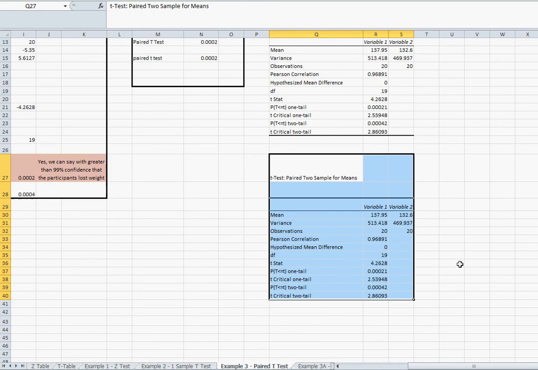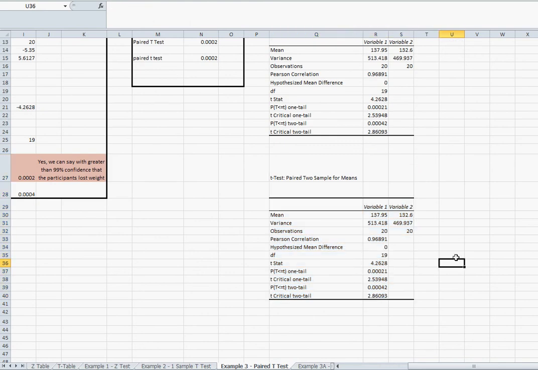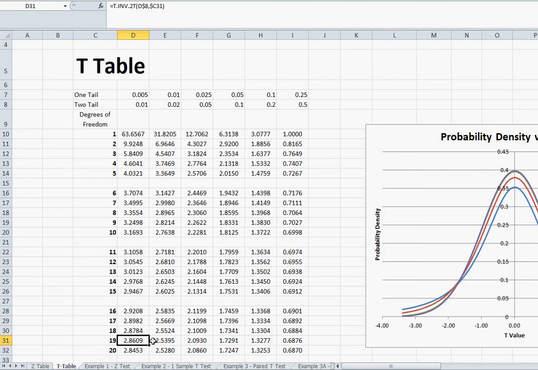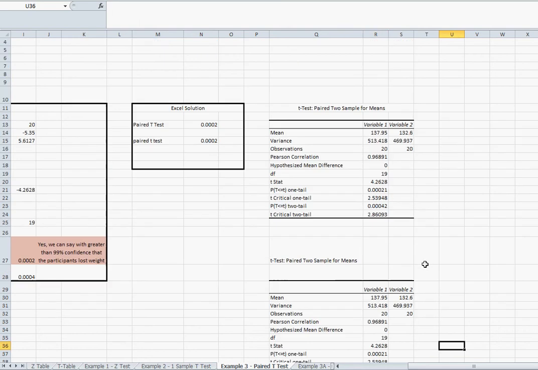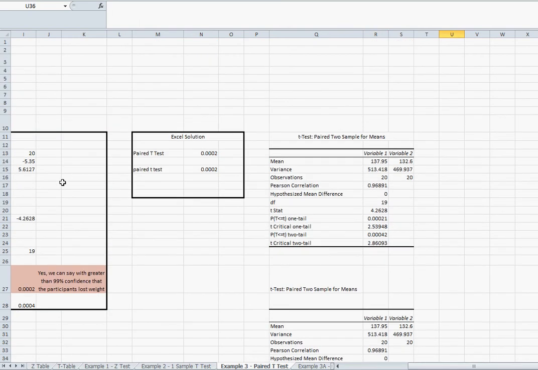I press OK, and it comes out with the mean, my n, number of observations, 20, degrees of freedom, t statistic, and then my p-value of 0.00021. And just like when we looked at this t-table, our critical t-value was 2.5395. So that's how you do it in Excel.